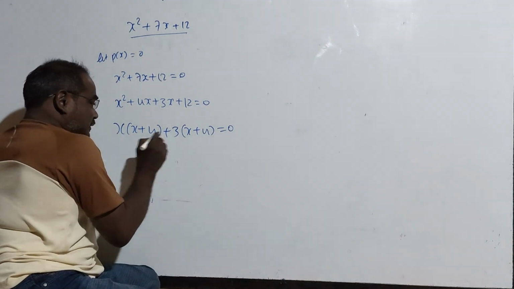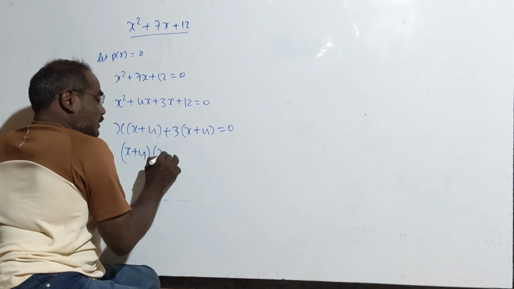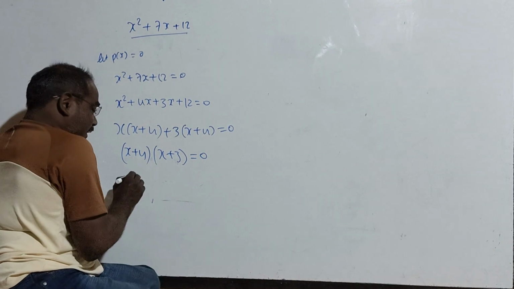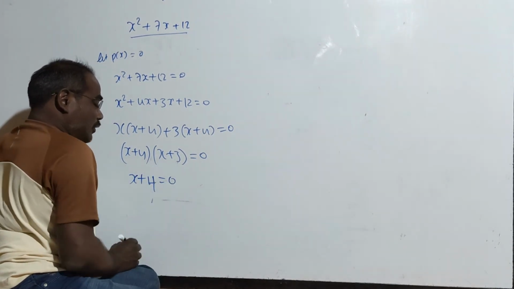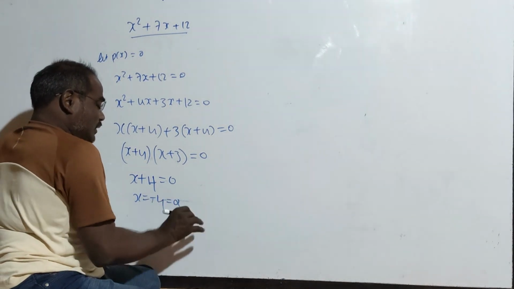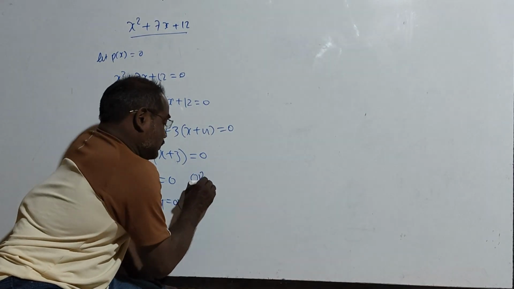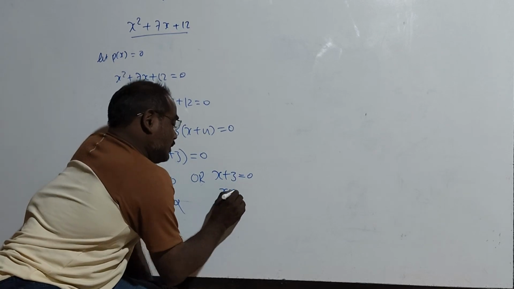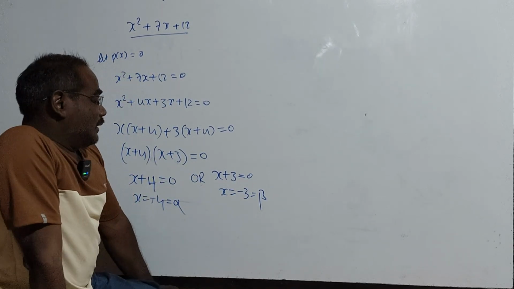So then again x plus 4 is common, x plus 4 is in one bracket, x plus 3 is in another bracket. By comparing x plus 4 equal to 0 means x equal to minus 4, this is alpha, or x plus 3 is equal to 0, x equal to minus 3, this is your beta.